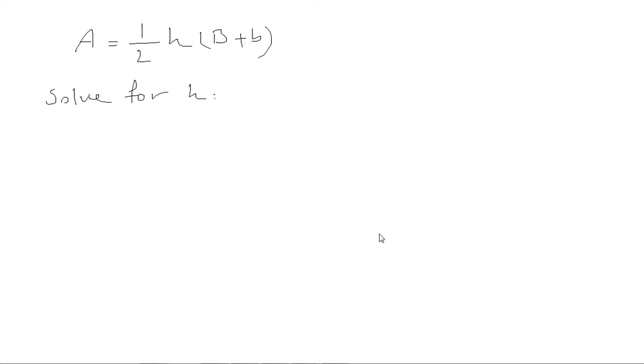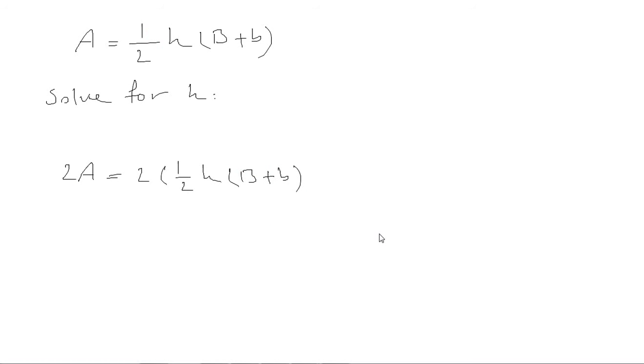Then the first thing I need to do here is to multiply both sides of this equation by 2, because I have a denominator of 2 here. By multiplying both sides by 2, I get rid of this 1 over 2. What do I get? I get 2a equals 2 times 1 over 2 h times (B plus b).